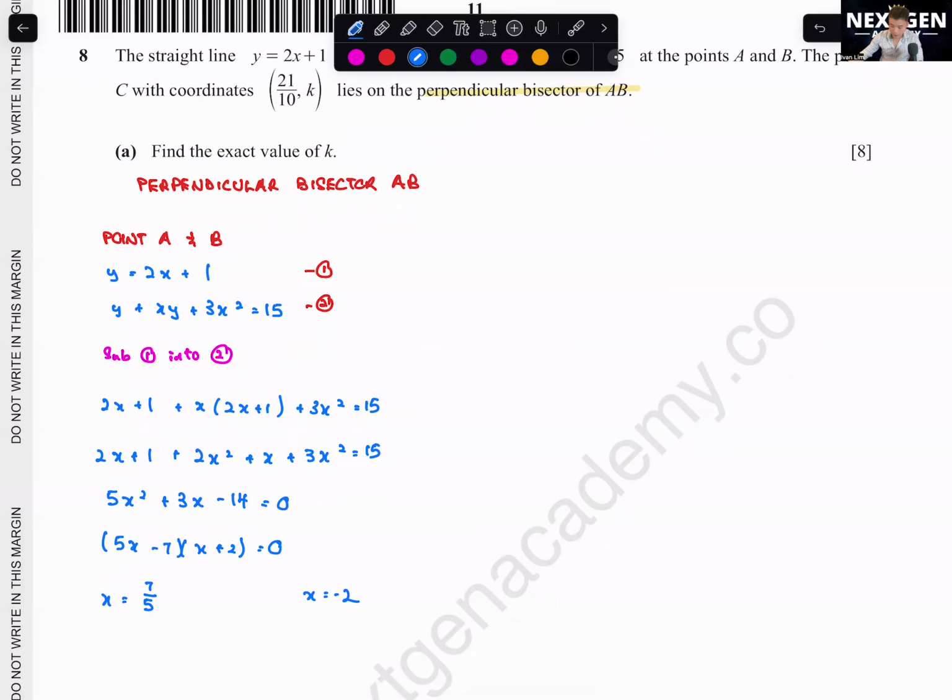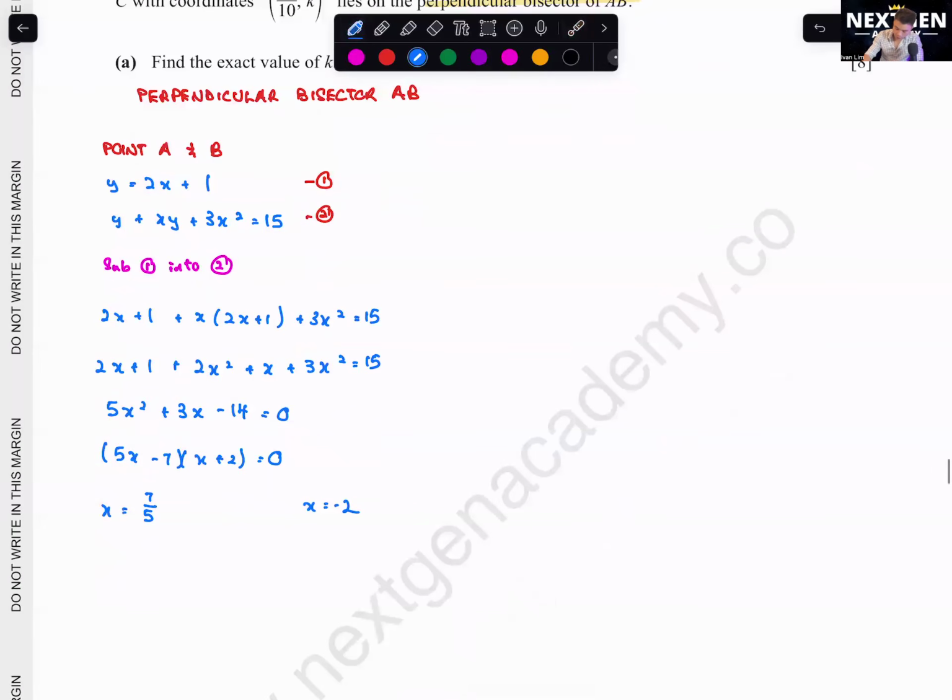After we get x, we sub into equation 1 to find y. So y will be 2 times 7 over 5 plus 1, and this one y is 2 times negative 2 plus 1. For 7 over 5, we will get 19 over 5. Here we will get minus 3.